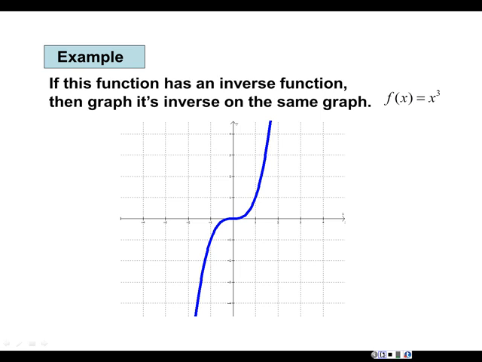Is this the same graph? How will the graph look? It will not be the same, I think. It's y equals x cubed, and the inverse will be the cube root of x, right? Cube root of x.